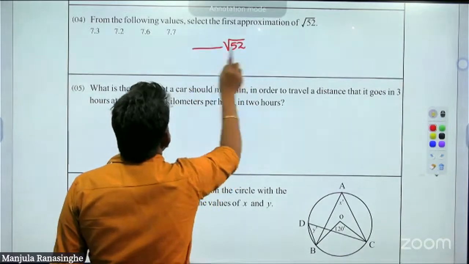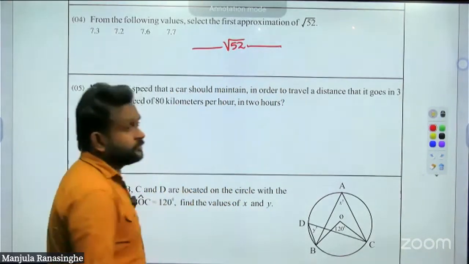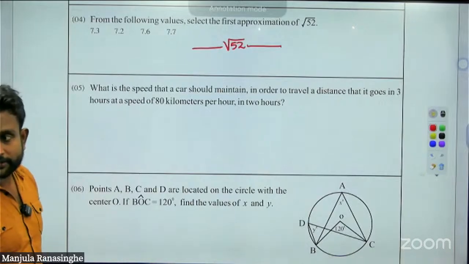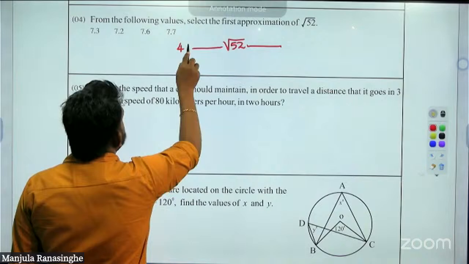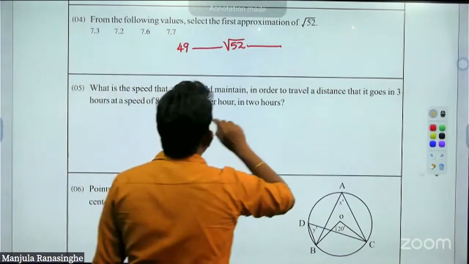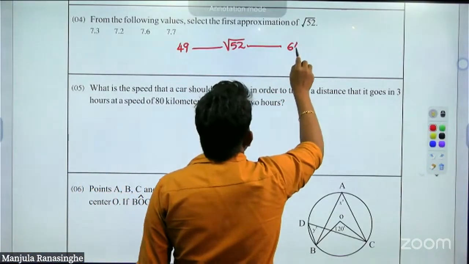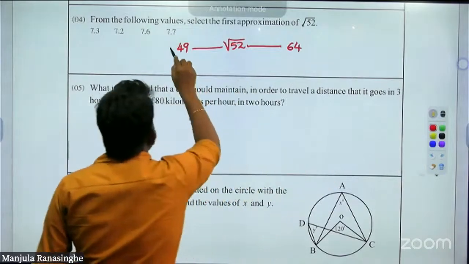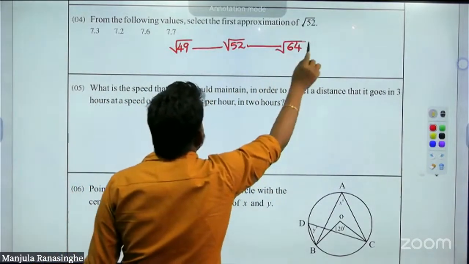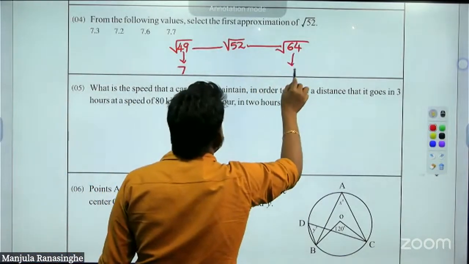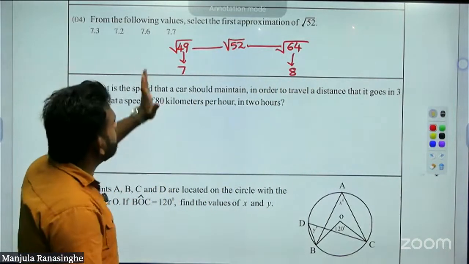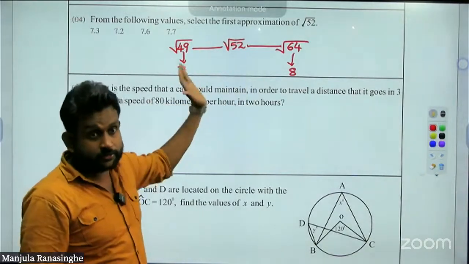Take the lower and upper perfect squares around 52. The lower is 49 and the upper perfect square is 64. Take the square roots of these separately: 49 gives 7 and 64 gives 8. So the root lies between 7 and 8.